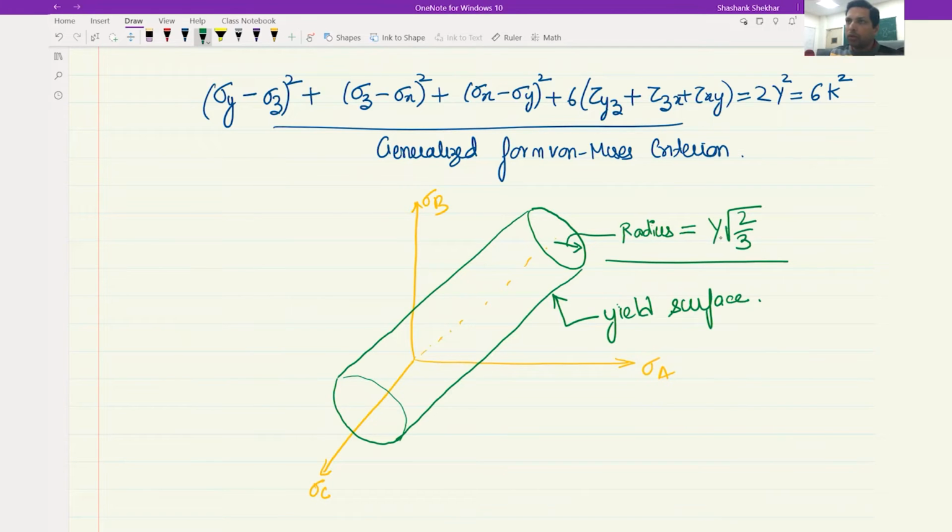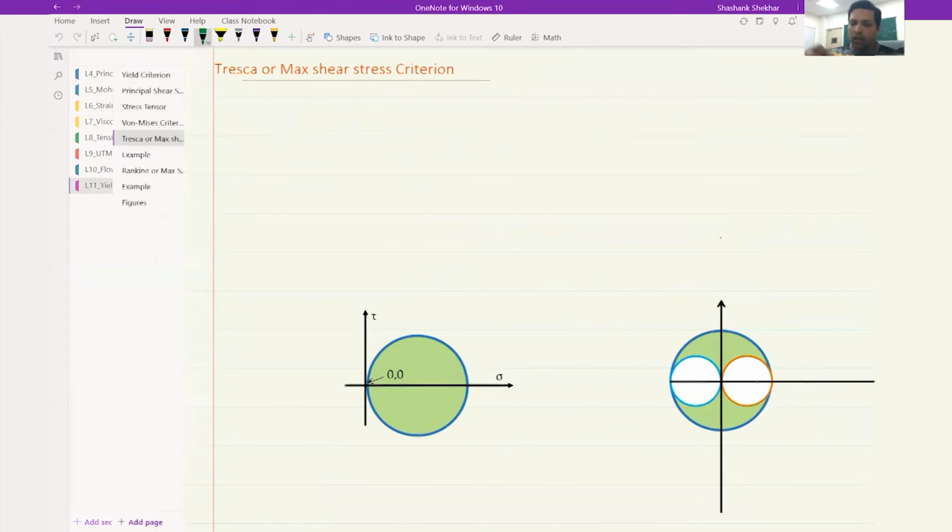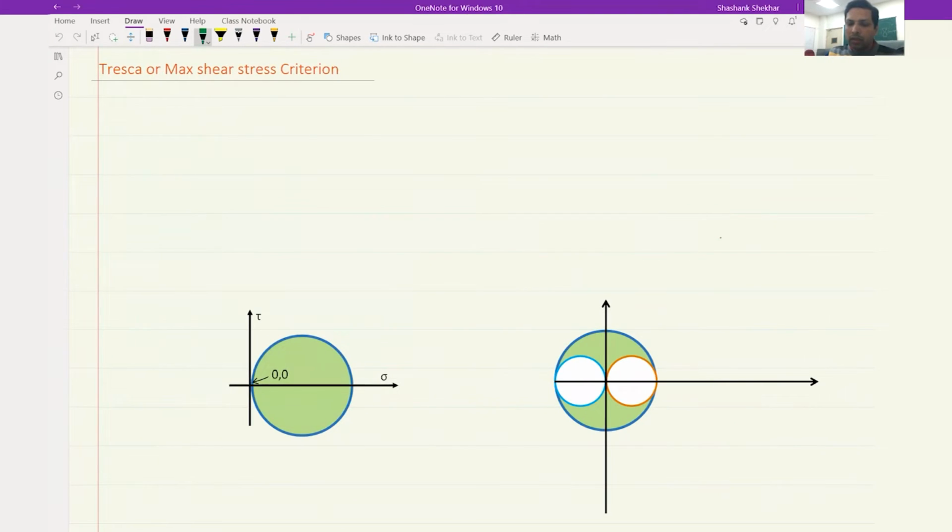Okay, so this is the von Mises criterion. Now let's move on to still another criterion. The name of this criterion is Tresca, or the max shear stress criterion. You remember we said that shear stresses are what cause the yielding or plastic deformation.